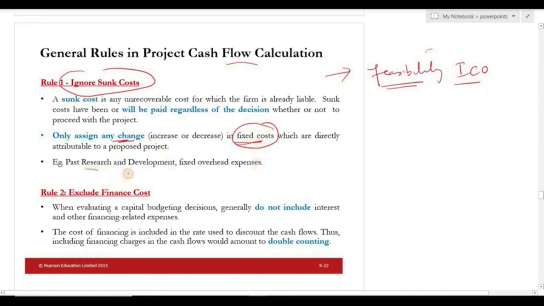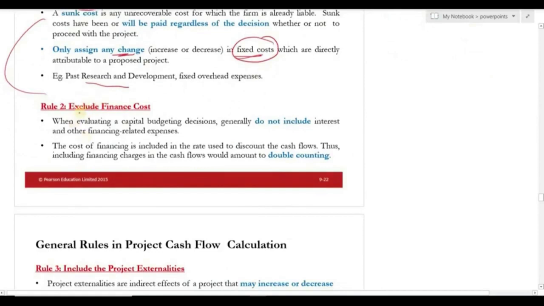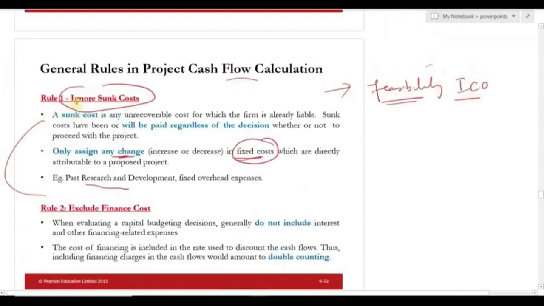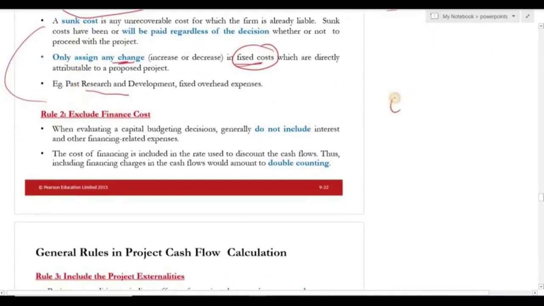So for instance R&D is a sunk cost, right? So we are not going to include that in our cost estimation. Okay, now rule 2, we are going to exclude the finance cost. Finance cost means, if you remember, we had EBIT, we did not subtract interest, right? We put it as 0.